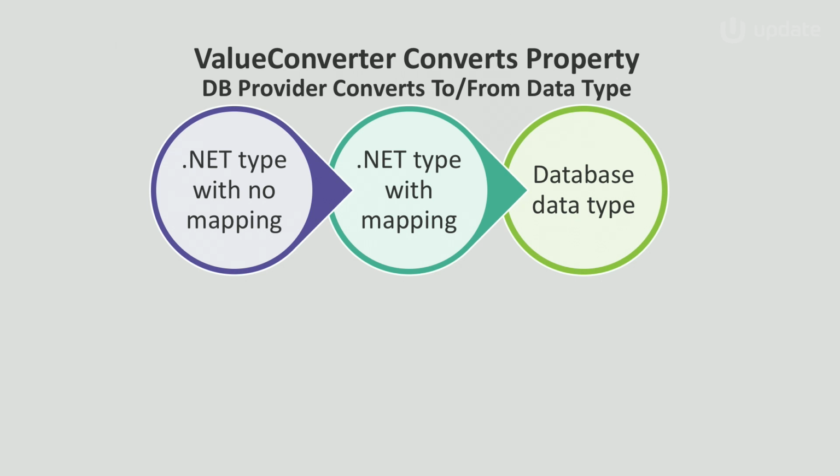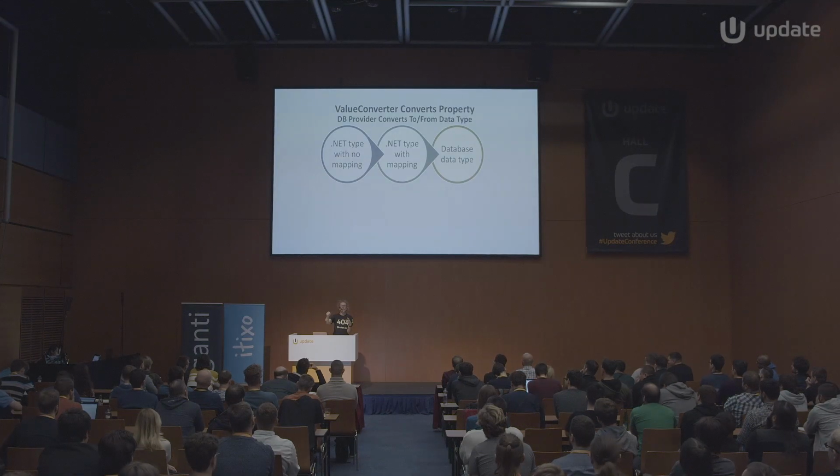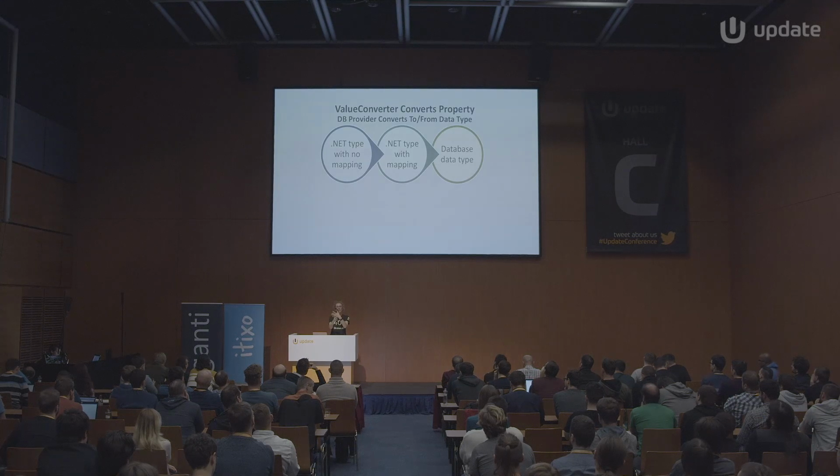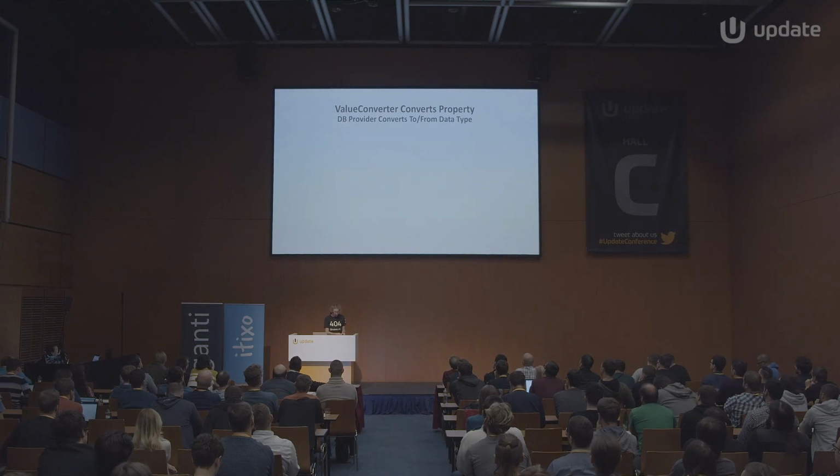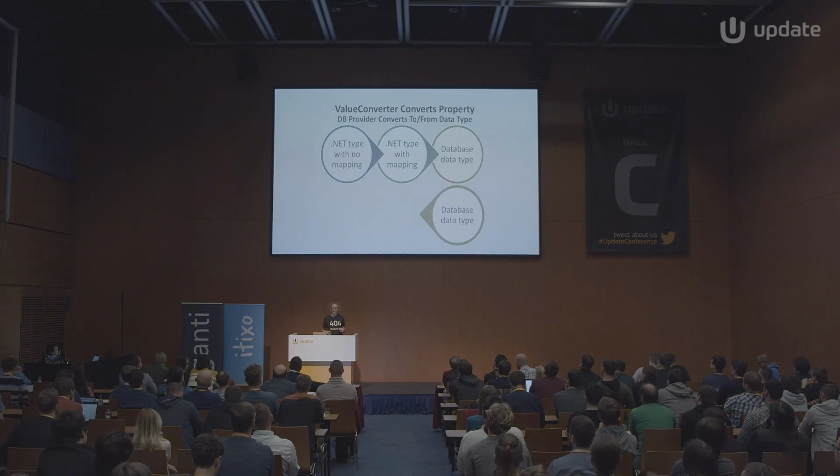So what the converter does is we use the type we want. In the converter, we don't tell it about the data type, but we tell it a different .NET type. So we say we have color, right? But when you're persisting it, change color to a string, because the color struct has a method that you can just change to a string, and then go ahead and persist. Well, Entity Framework goes, oh, string, I know how to persist string. Then when it comes back, we're doing a query, it gets a string back.